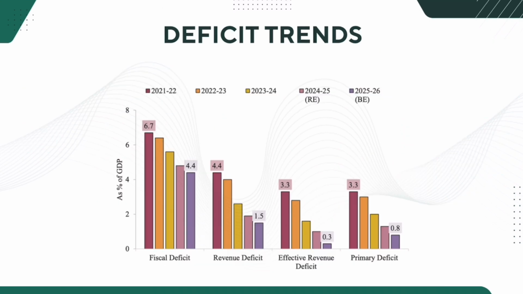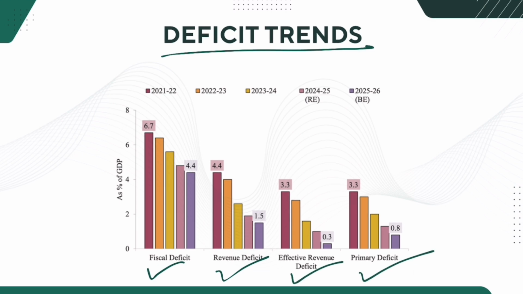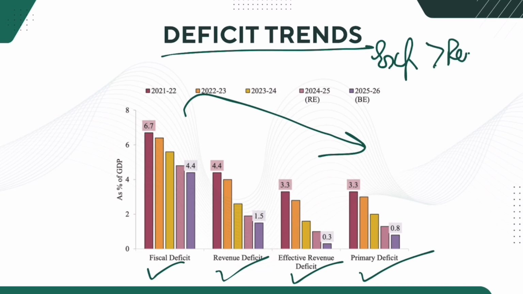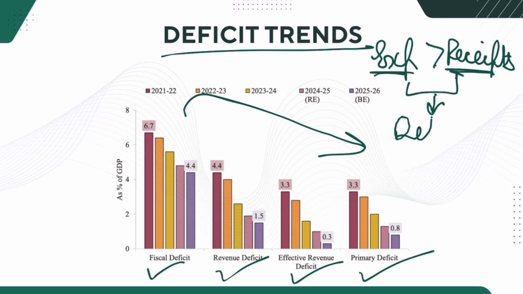Now, in the previous lecture, we did talk about deficits. All different types of deficits like fiscal deficit, revenue deficit, effective revenue deficit, primary deficit, all these deficits are showing a declining trend, which is good news for the government. Because what are deficits? If your expenditure is more than your receipts, then the difference between your expenditure and receipts is a deficit.